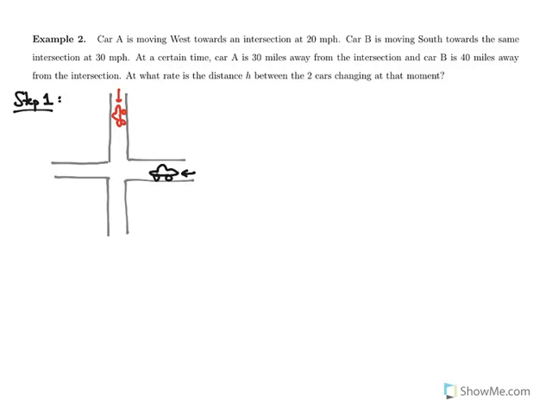And at a certain time, car A is 30 miles away from the intersection, and car B, oh, sorry, that's car B I just labeled, sorry. Car B is 40 miles away from the intersection, and car A is 30 miles away from the intersection. At what rate is the distance h between the two cars? That's a different distance. This distance is h. And at what rate is the distance h between the two cars changing at that moment?